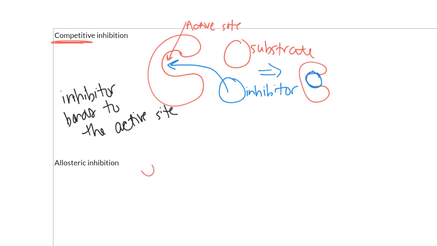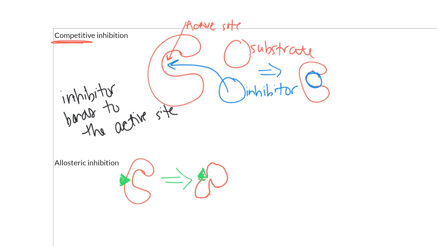In allosteric inhibition, there's my enzyme. Now I have an inhibitor that comes in and bonds on the other side. And when that inhibitor bonds on the other side, what do you notice happened to your active site? You'll notice your active site has now changed its shape, right?